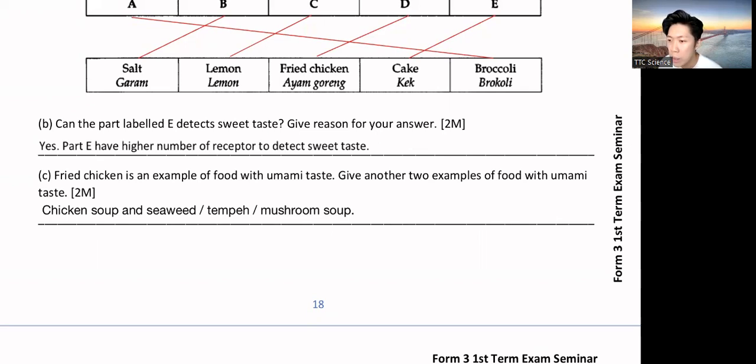Why is tomato not umami? Let me check, I might be wrong. I don't know all the umami foods. Is tomato umami? Oh yeah, tomato is umami.